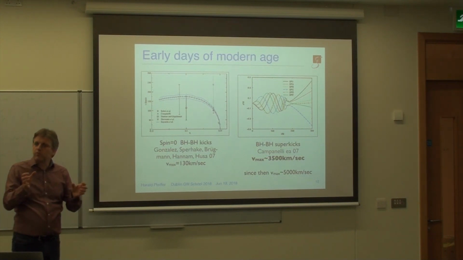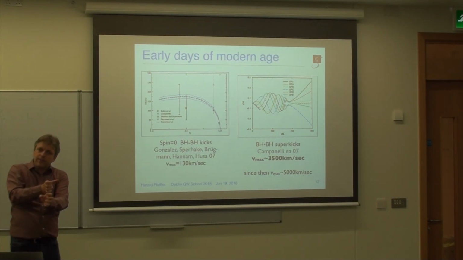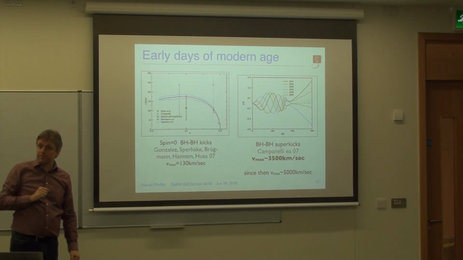However, the point of merger introduces a certain preferred direction where the peak gravitational wave is emitted, and that causes the black hole to be kicked the opposite way.